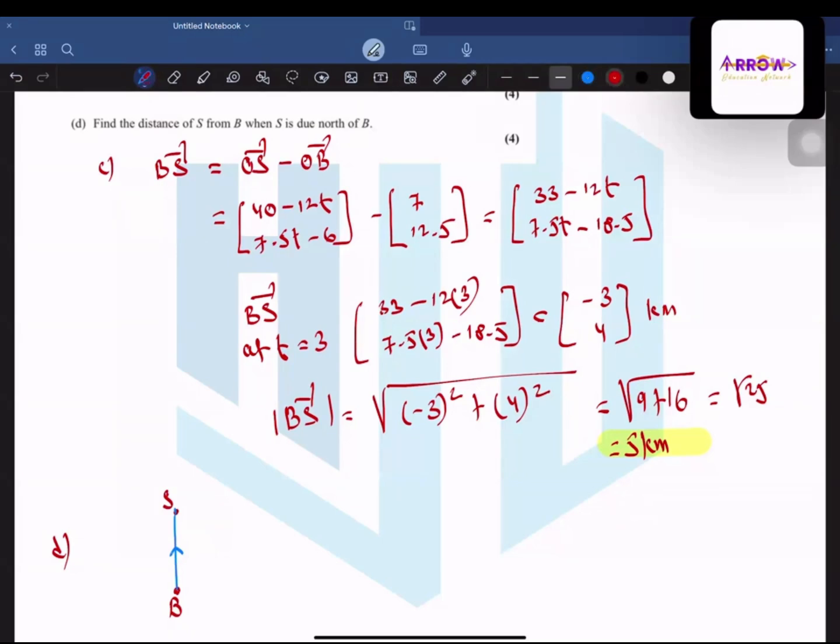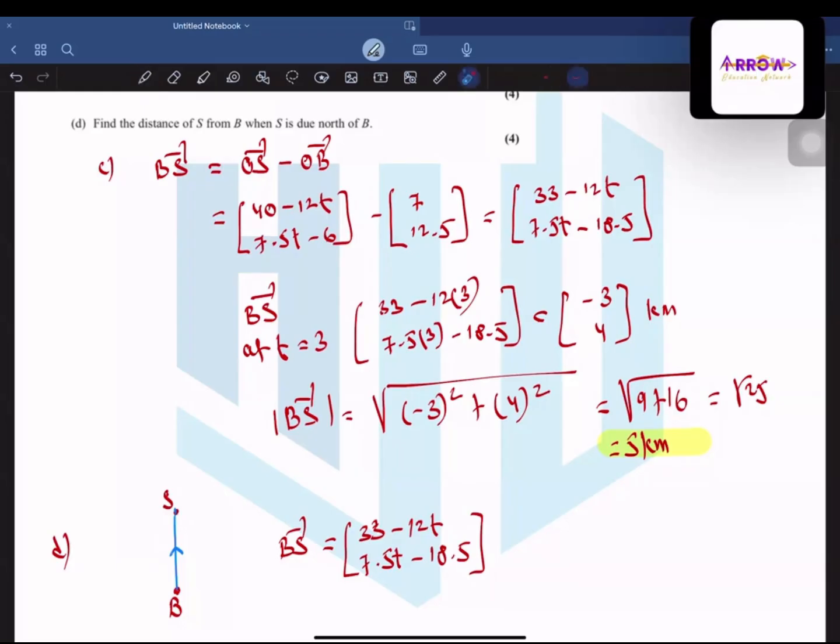As you already know, we have obtained the BS vector in terms of i and j, which is 33 minus 12t, this is the i component, and 7.5t minus 18.5, this is the j component. When you are going from point B to point S, the i component is not changing, right? We can say that the i component of the BS vector is equal to 0, because we would have a vertical distance, because there is no change in the i component when you are going from B to S.